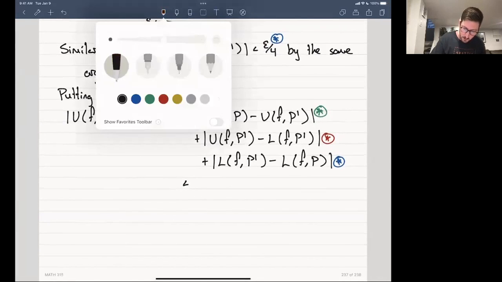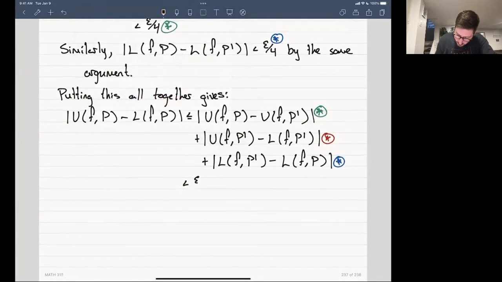And so putting all of this together gives me epsilon over 4 from the green asterisk, the upper sums, plus epsilon over 2 from the upper sum with P prime minus the lower sum with P prime, plus epsilon over 4 coming from those two lower sums, which is equal to epsilon as desired.